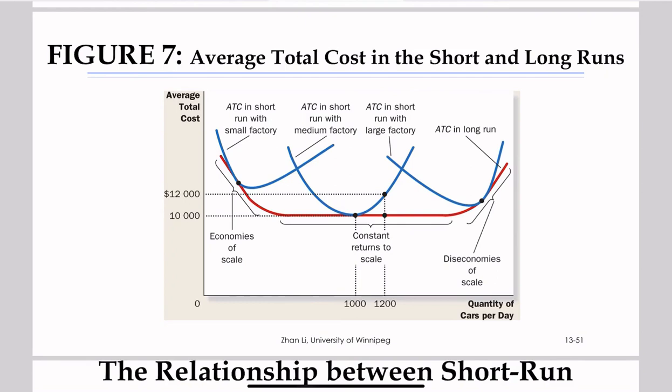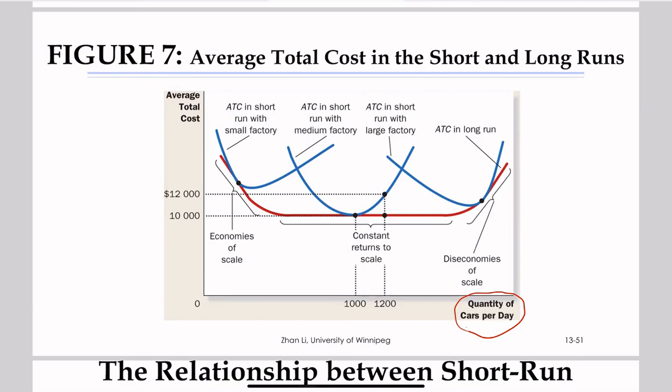Okay, so let's see what this picture can tell us. First, the horizontal axis gives us the quantity of cars. So obviously this is a car factory example. And then the vertical axis talks about money. That is the average total cost.